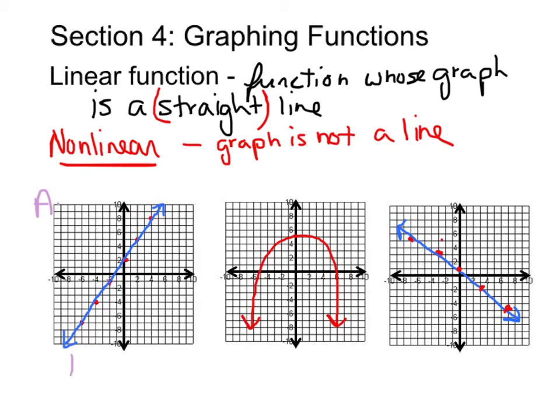So this we would say is a linear function. Letter B, on the other hand, if we plot the points, we get a U-shaped graph. This would be a non-linear graph. Actually, technically, this would be a quadratic, probably. But it's not linear.